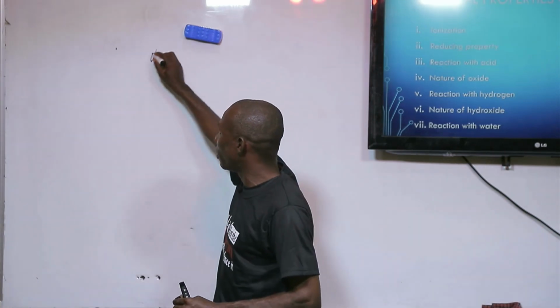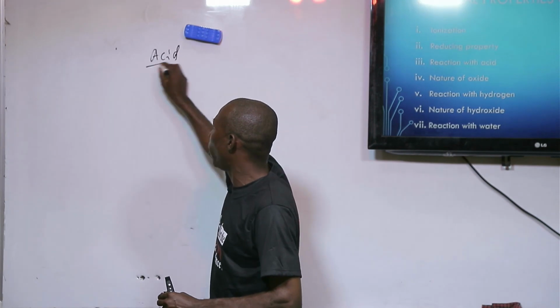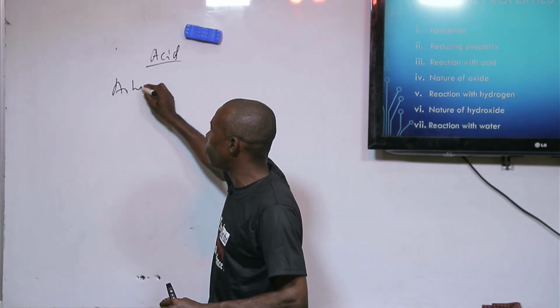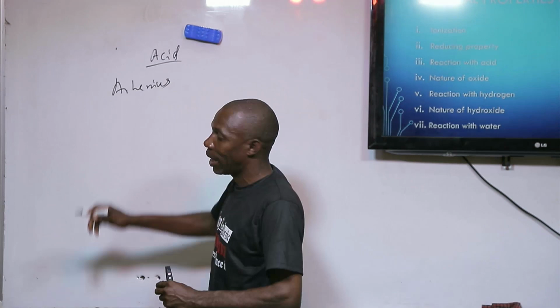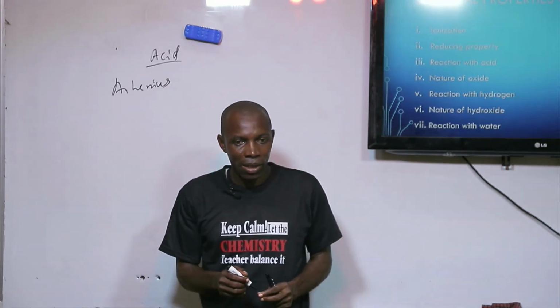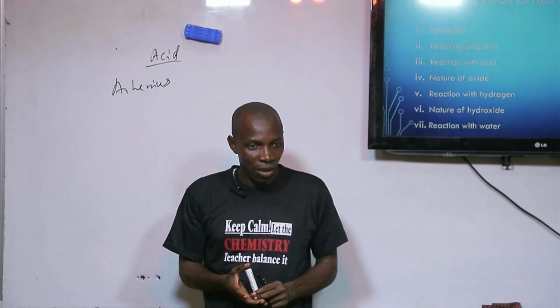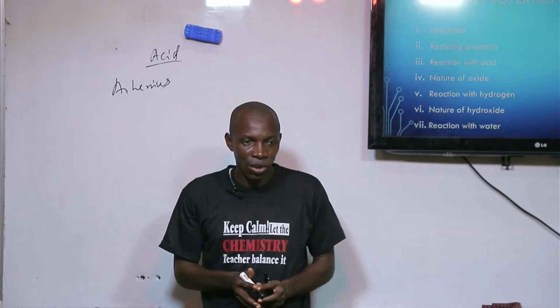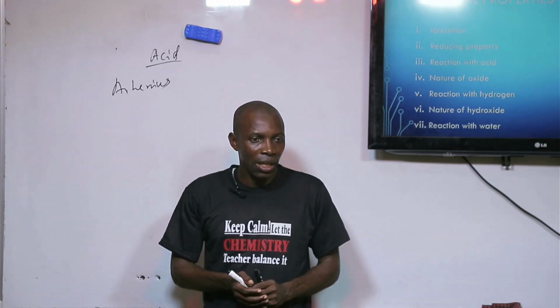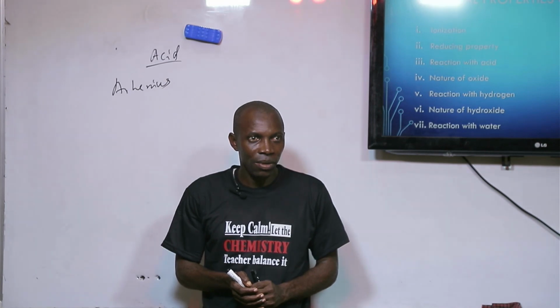What is an acid? There are many ways we define acid, but according to Arrhenius, an acid is a substance that when dissolved in water produces hydrogen ion as the only positive ion.